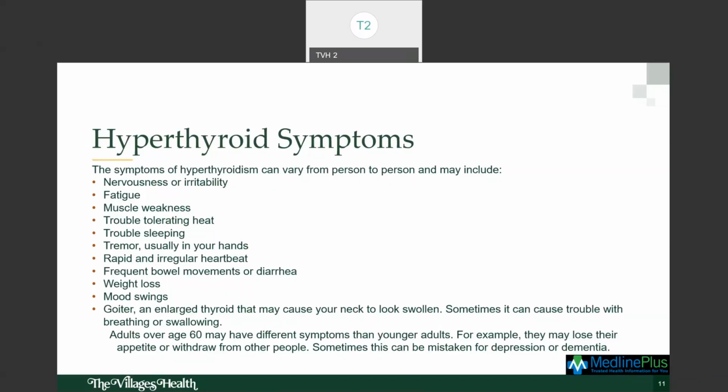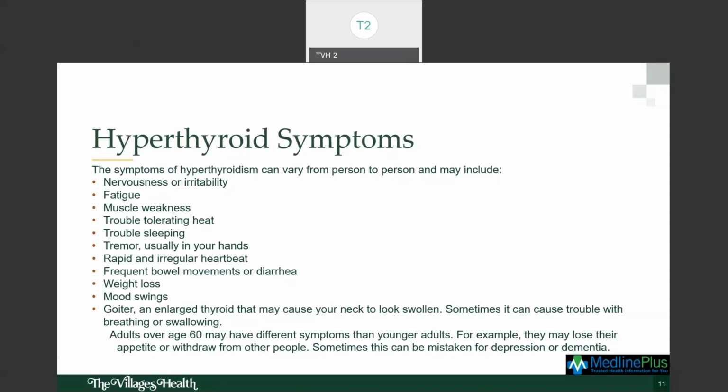Some others we see on here, some unusual trouble sleeping, some unusual tremors, and these are usually in your hands. Rapid and irregular heartbeat, so really fast pulse. Even some frequent bowel movements, looser stools, or even diarrhea, if that's something new for you. And it's not a stomach bug, it's not something you ate.